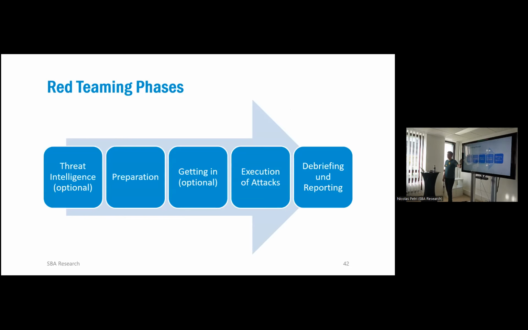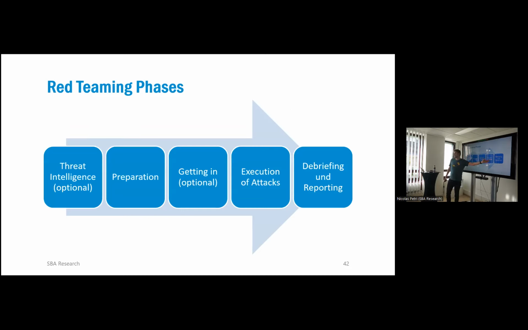You have those 5 phases, and some of them are optional. I will go into all of them in detail. You have threat intelligence at first, which I will explain on the next slide. Some preparation. Then you have getting in, which is getting into the network, which is also optional in some cases.